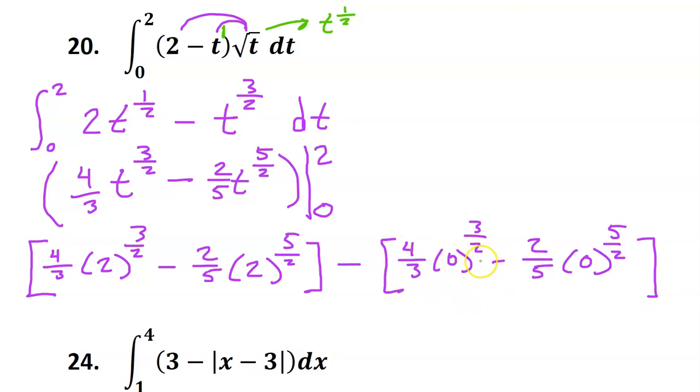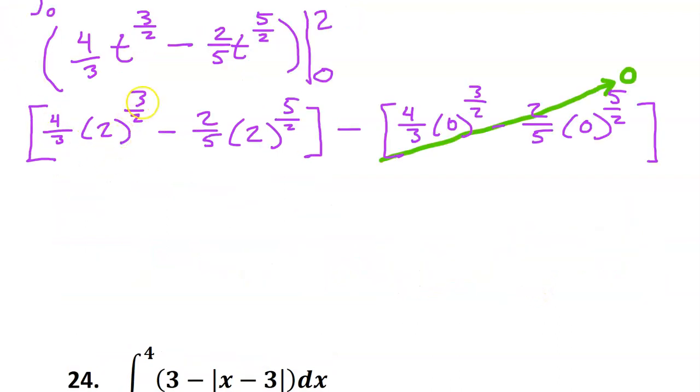Especially with all of these zeros in here, this first term is just going to be 0, the second term is just going to be 0, so really this entire expression has a value of 0, which does not need to be written. But remember, a fractional exponent is in the form power over root.